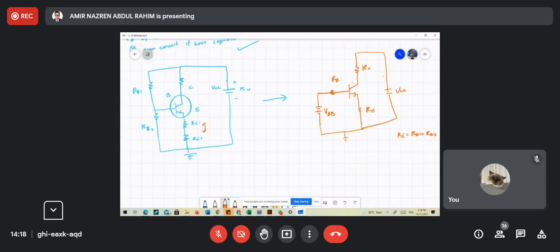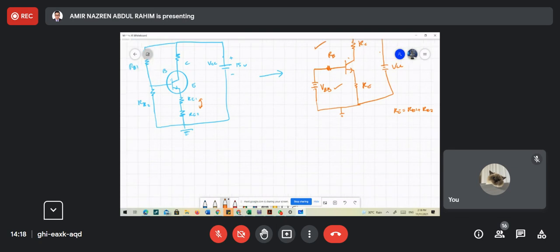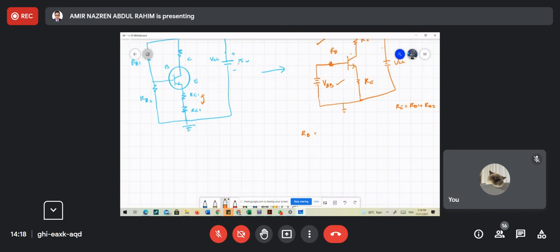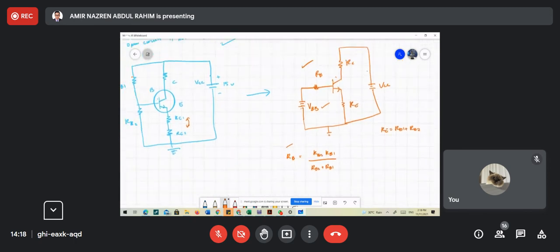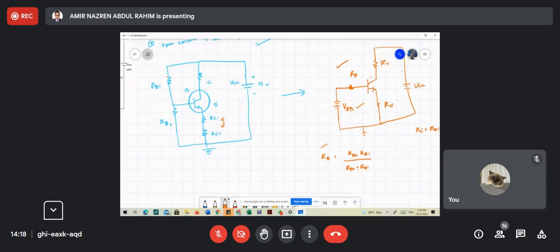So how about VBB and RB? Here we have two resistors in parallel. To determine RB, we need to parallel RB1 and RB2. So RB2 times RB1 divided by RB2 plus RB1, and now we get RB. So how do we find VBB at this location?